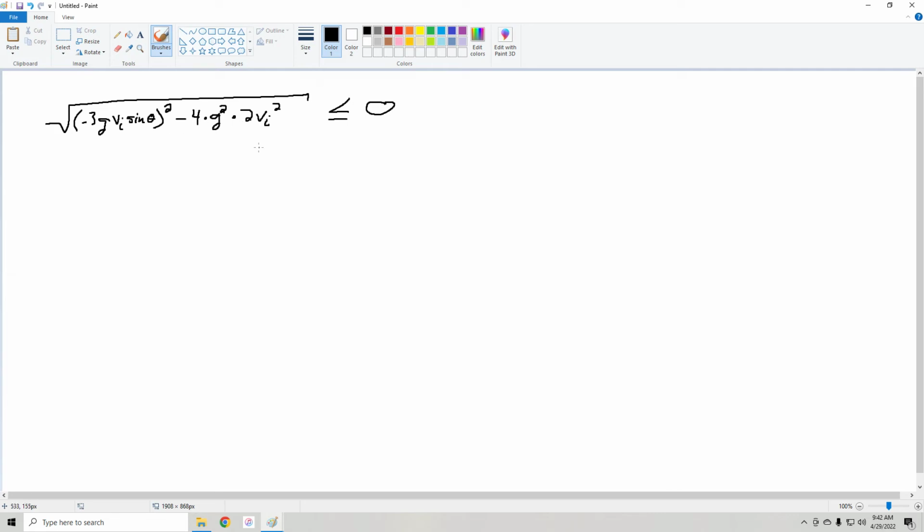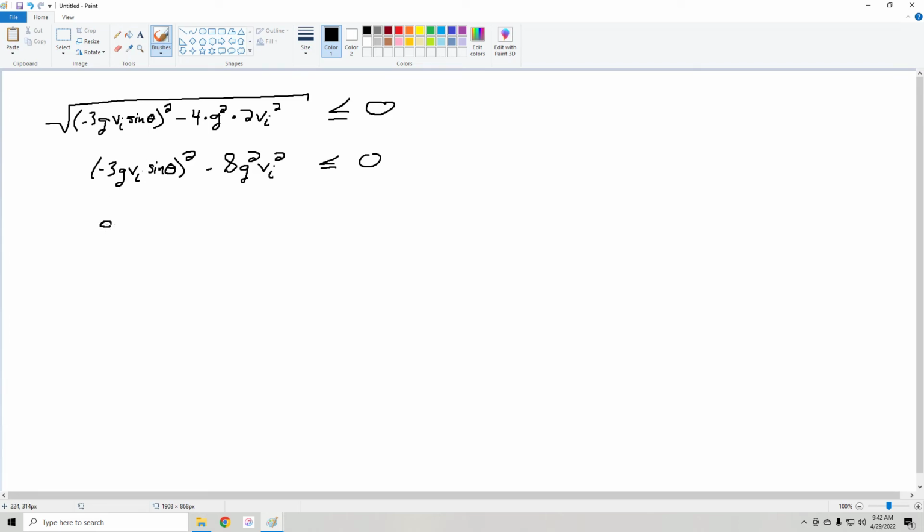We'll square both sides, which leaves us with sine theta squared, minus, if I take 4 times 2, that gives me 8, g squared v initial squared is less than or equal to 0.